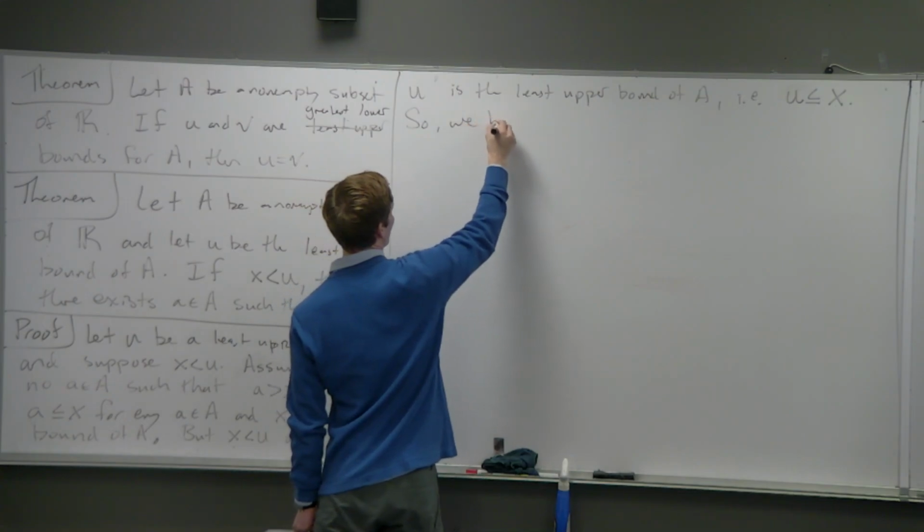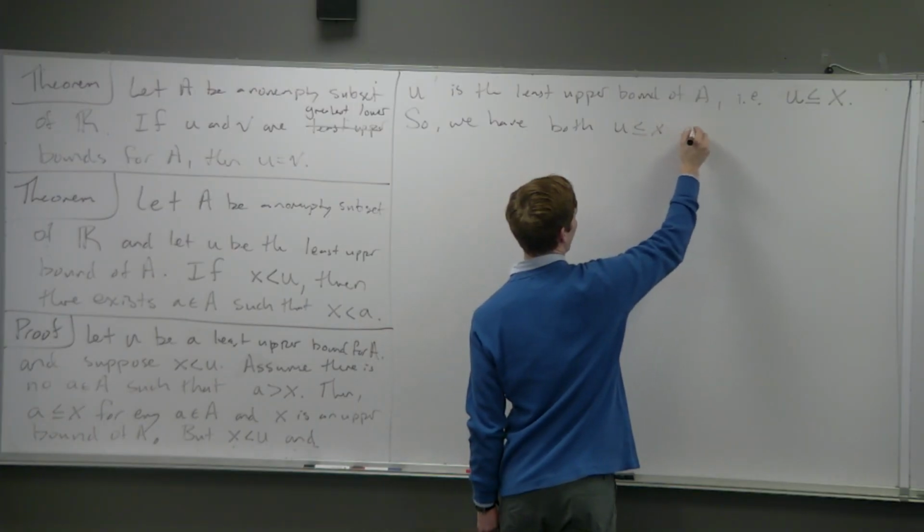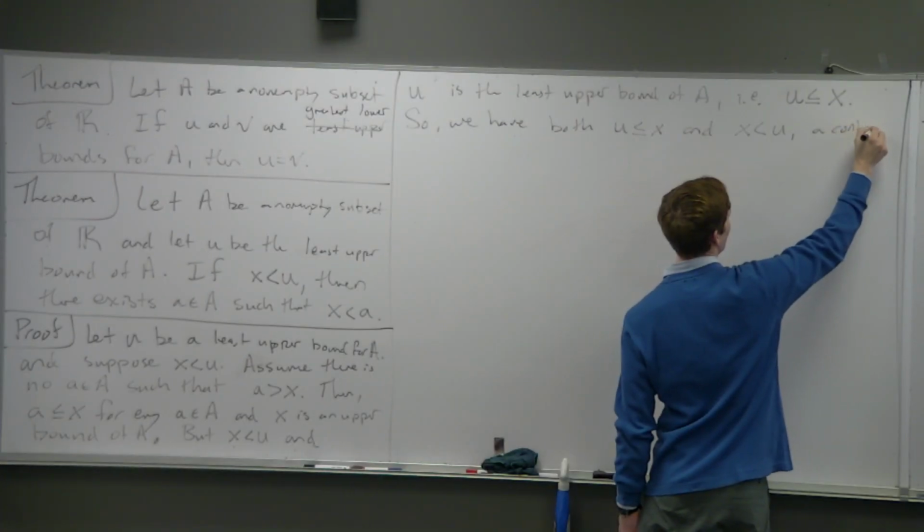So we have both u is less than or equal to x and x is less than u, a contradiction.